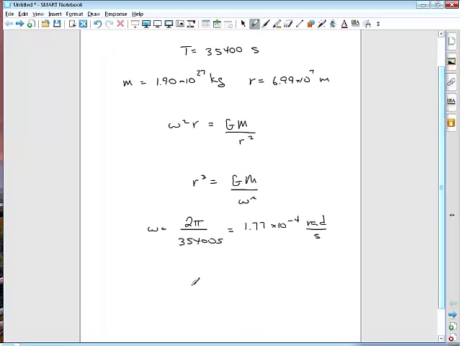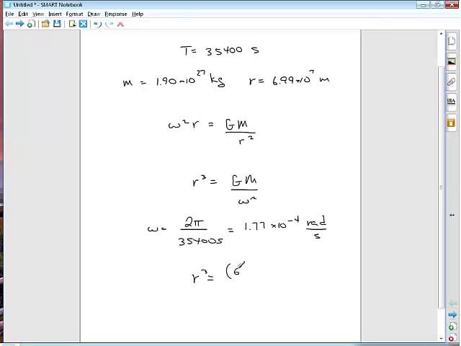So let's calculate r cubed, and then we'll just take the cube root. We have the universal gravitational constant, which I never remember, so I have to go back and look in the book and find someplace where it's actually given in the problem. That always seems to be the easiest way to do it. Okay, I'm just not going back far enough here. Oh, here it is.